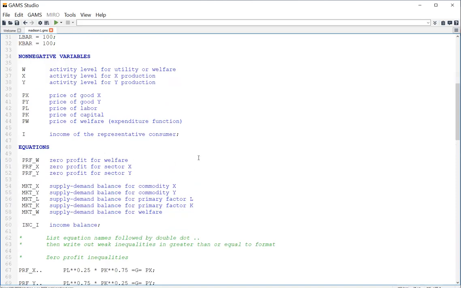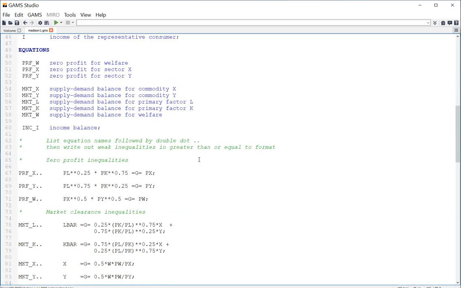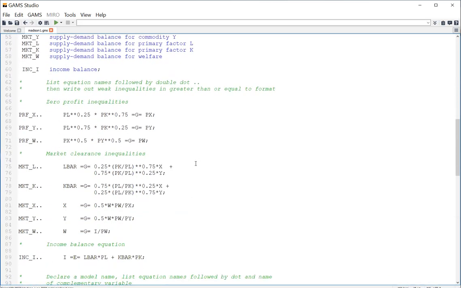The equations of the model, I've written them so that they correspond in order to the non-negative variables, but you don't have to do that. There's no need to order them in that way, although in the listing file, it will follow the order of the variables. The equations are written by giving the name of the equation, which tells GAMS that an equation is coming. These are all written in the greater than or equal to format, except for the income equation, which is really just definitional.